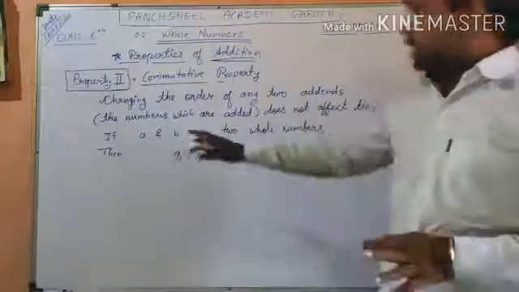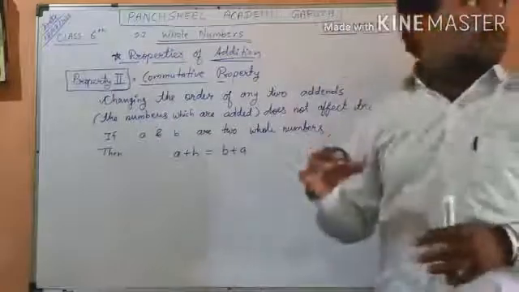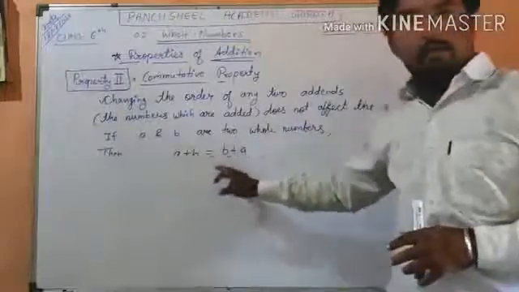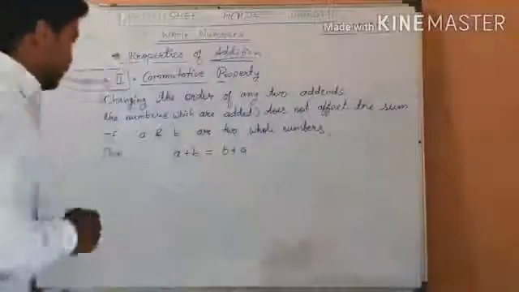Addends means the numbers which are added. If A and B are two whole numbers, then A plus B equals B plus A.